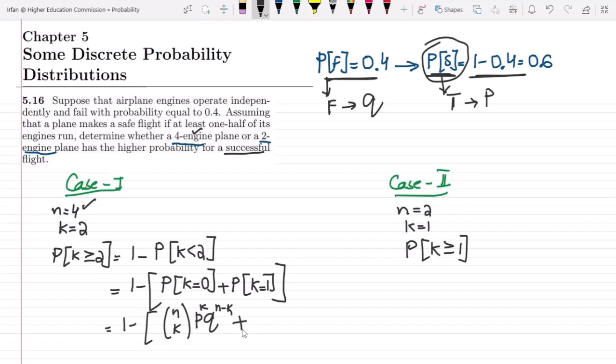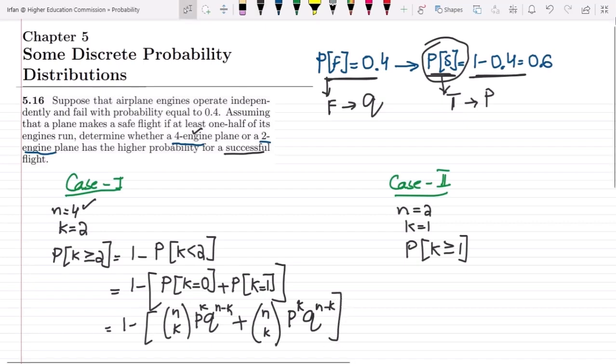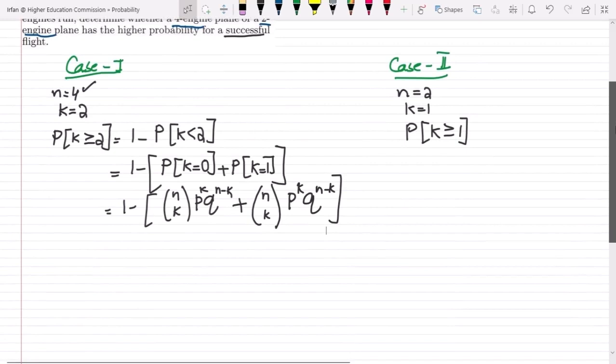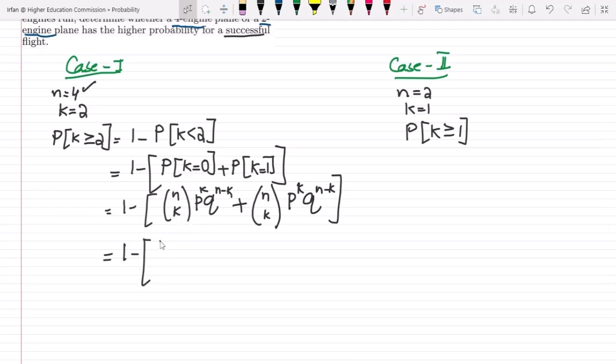Okay, and for k equal to 1 we will do the same, with n choose k, p^k, q^(n minus k). Let me put in values here. The n for the first case is 4, choose 0.